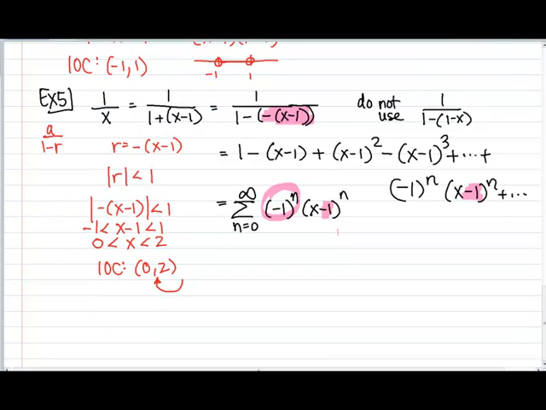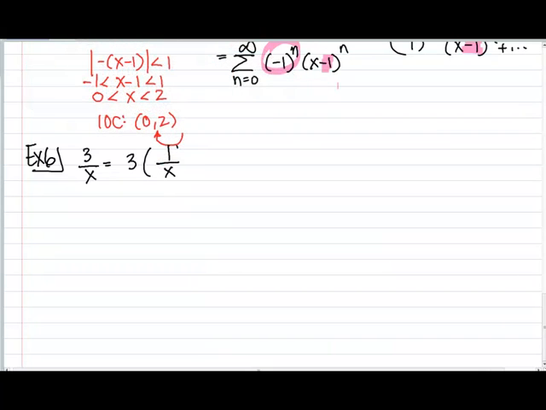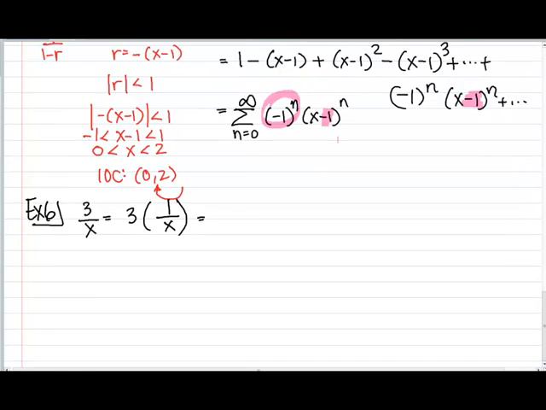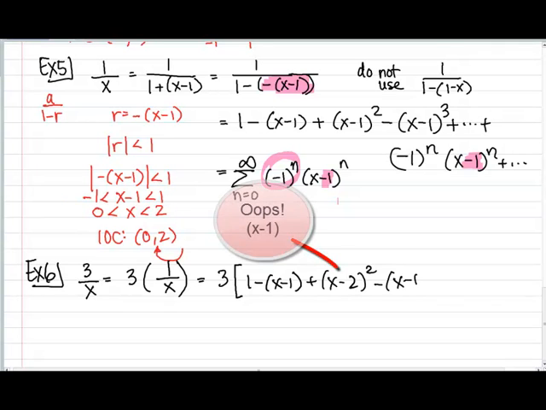One last one to do. What would 3 over x be? Well, we could think of this as 3 times 1 over x, and we figured out what 1 over x is up here above. So it's going to be 3 times 1 minus x minus 1 plus x minus 1 squared minus x minus 1 cubed, and so on.